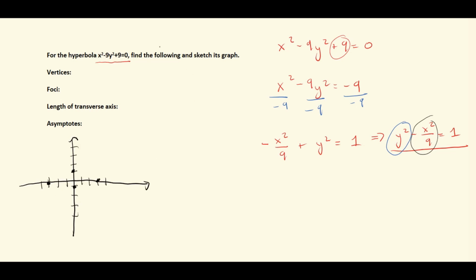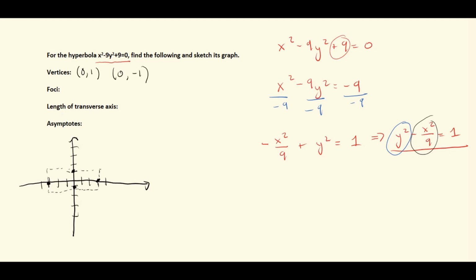And to sketch our hyperbola, we're going to want to sketch our center box. So we're going to connect these vertices. So these are the 2 vertices here. So we can go ahead and write that our vertices are the points 0, 1 and 0, negative 1.